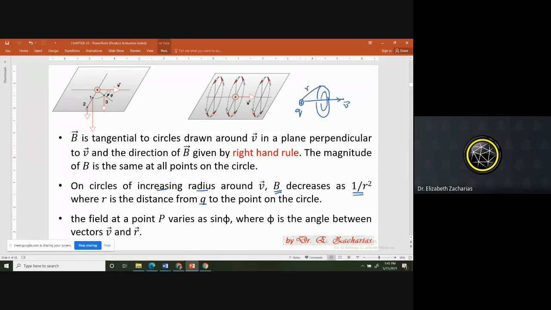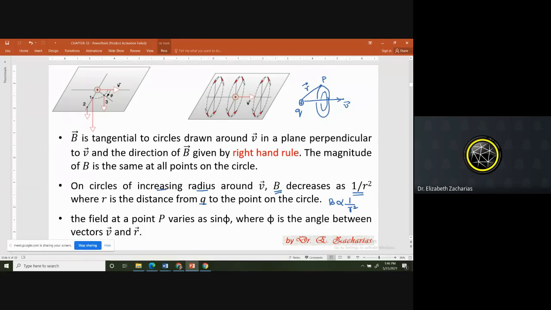This is R. Or I will say R is the position vector of some point of interest with respect to that instant where your charge is, or the position of the charge becomes the origin for this vector. The position vector of the point P with respect to the charge. So you're finding that the magnetic field is proportional to 1 by R square. Which means, if I'm going to take a circle somewhere here, the magnetic field is going to be smaller.